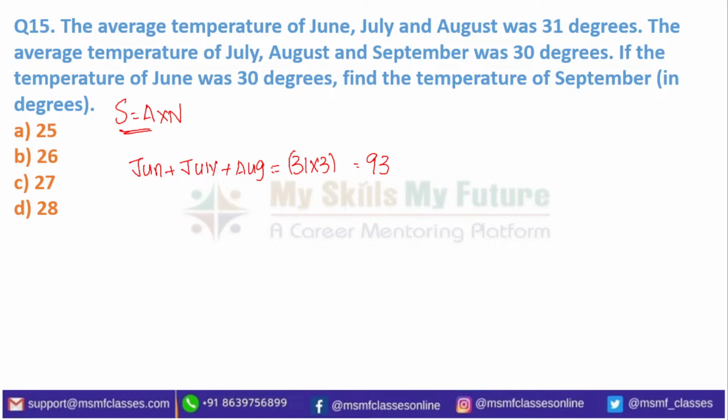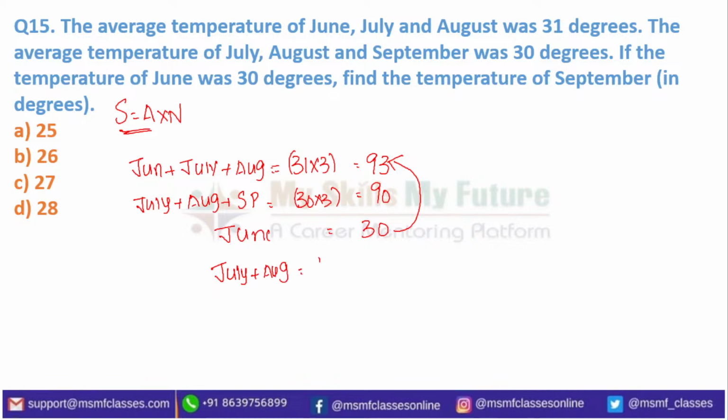The average temperature of July, August and September equal to 30 degrees, 30 into 3 means 90. If the temperature of June was 30 degrees, this June value should be substituted in the first equation, we are getting July plus August equal to 93 minus 30, which is 63.